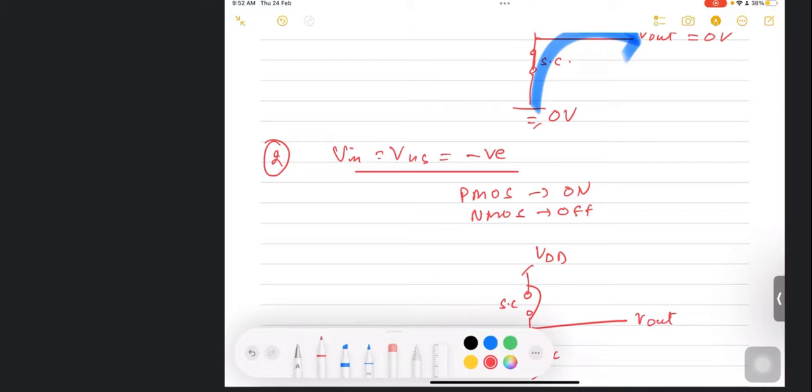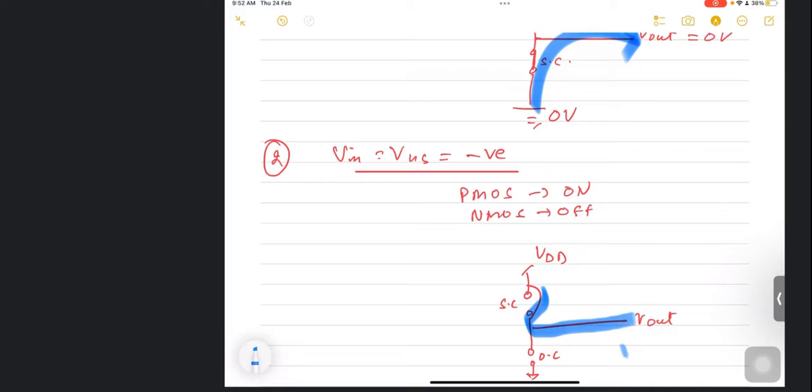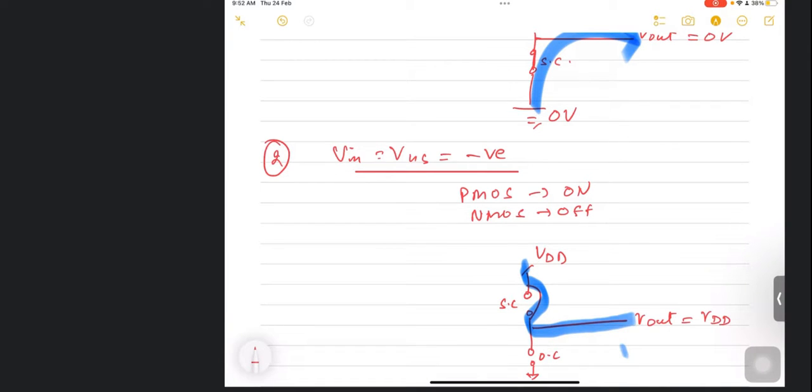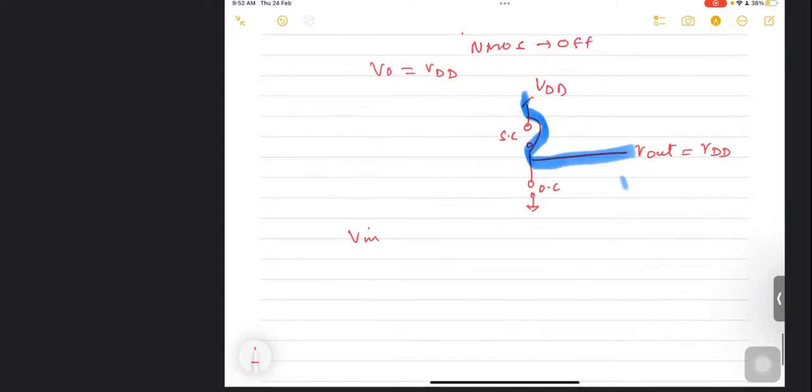What should the output be? This V output is connected to which point? VDD. So V output here is equal to VDD.